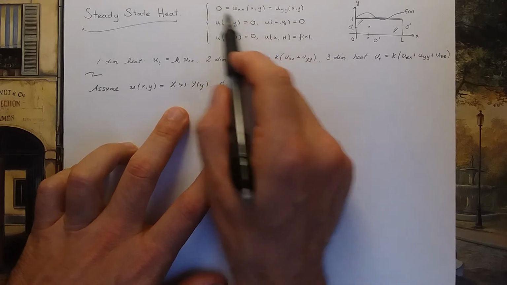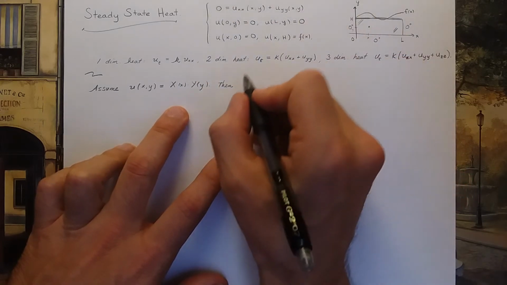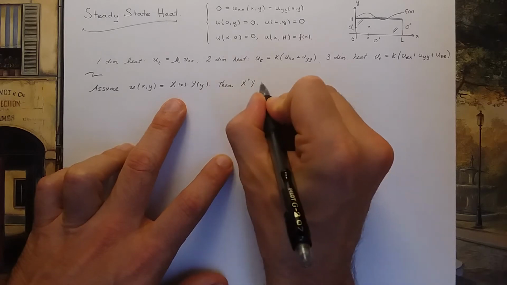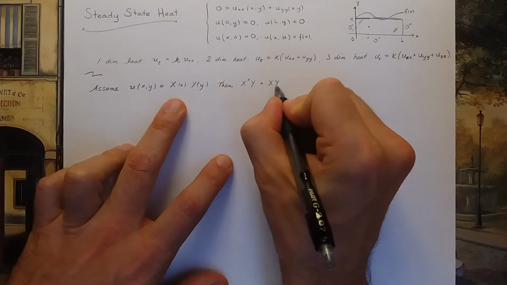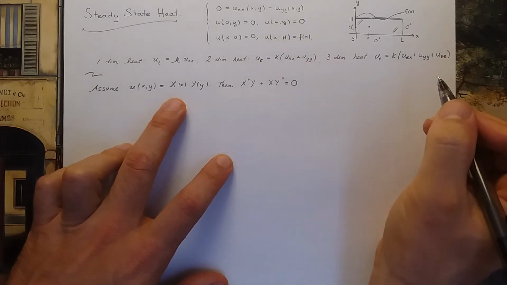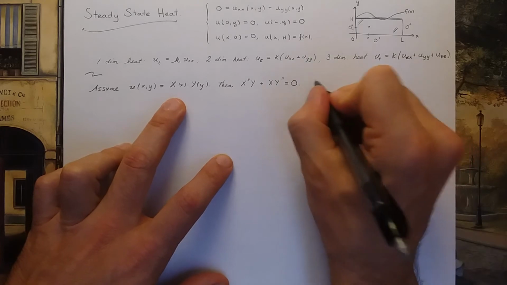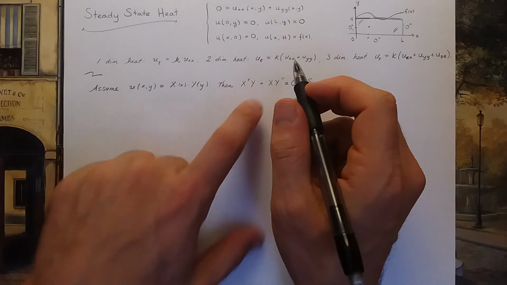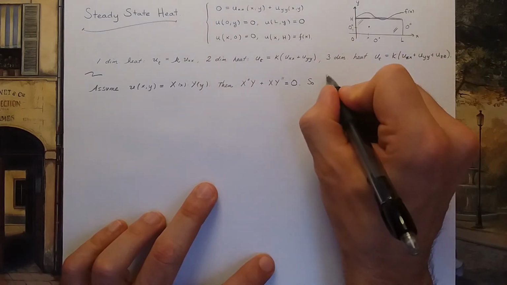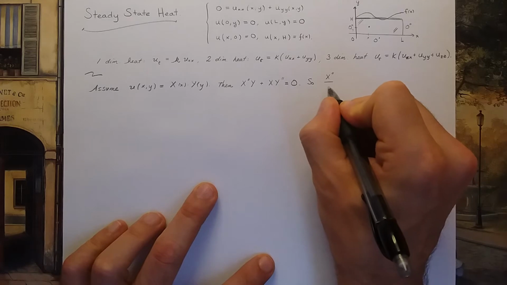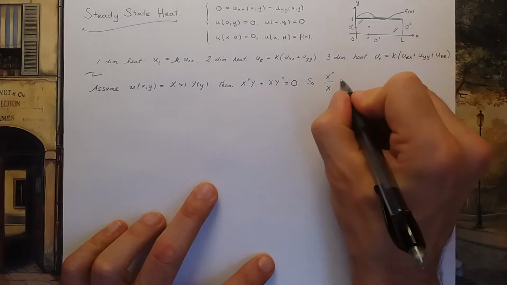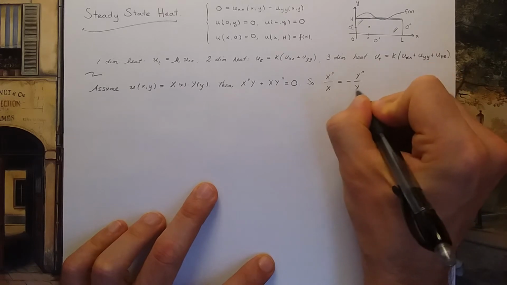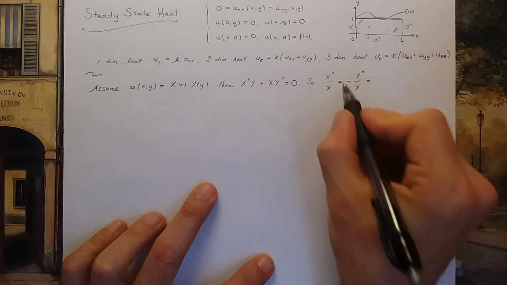If I look at this steady state heat equation, then the second partial derivatives give me X double prime Y plus X Y double prime should equal 0. So I could separate the variables. I could put all the x's on one side of the equation, all the y's on the other side. If I do that, I'll get X double prime over X is equal to negative Y double prime over Y. Now I've separated the variables.